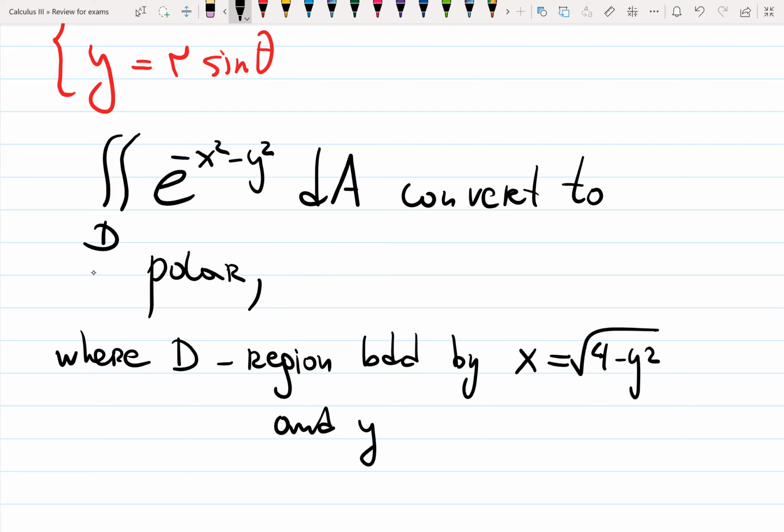Okay, y-axis. That takes you to Calculus 2 class. We were doing this bounded by. BDD is a very nice English notation for bounded. I like it a lot.